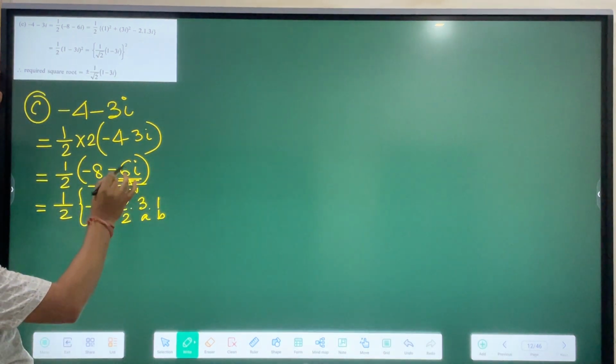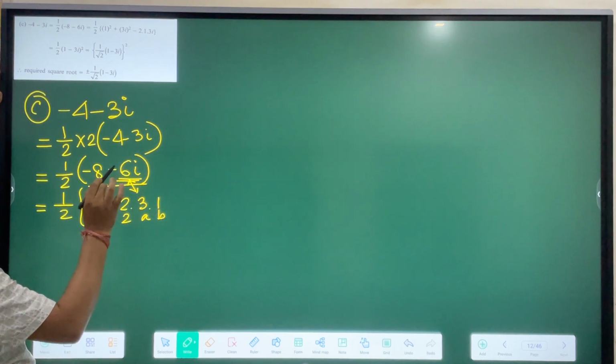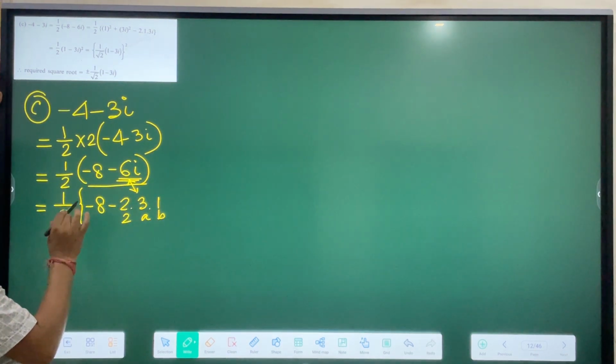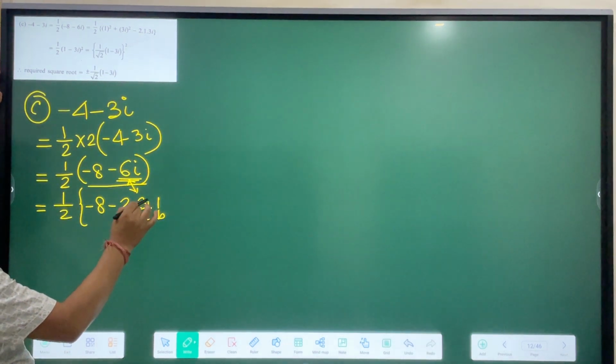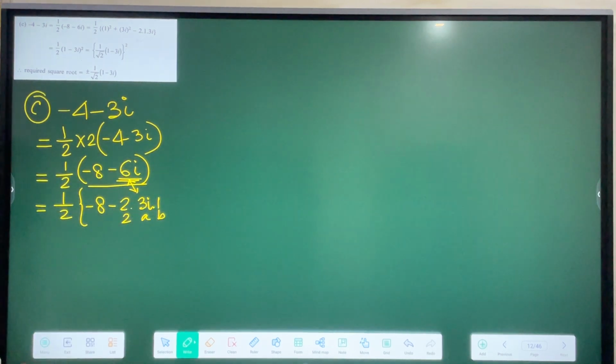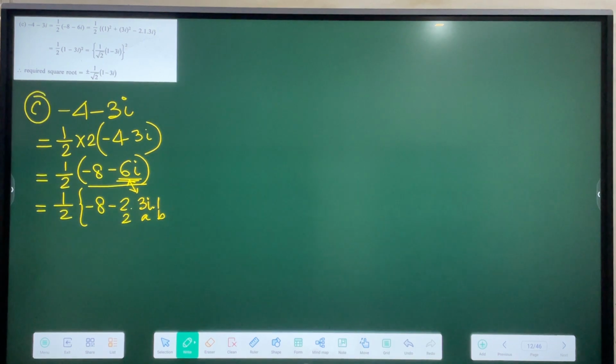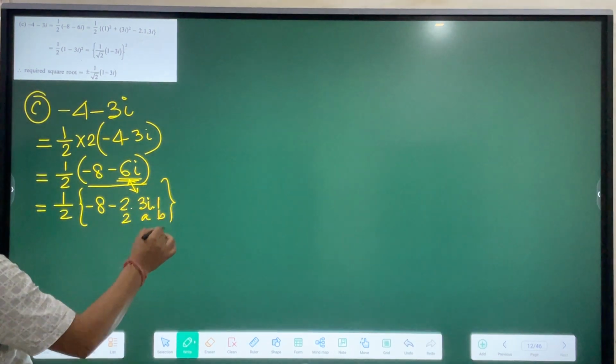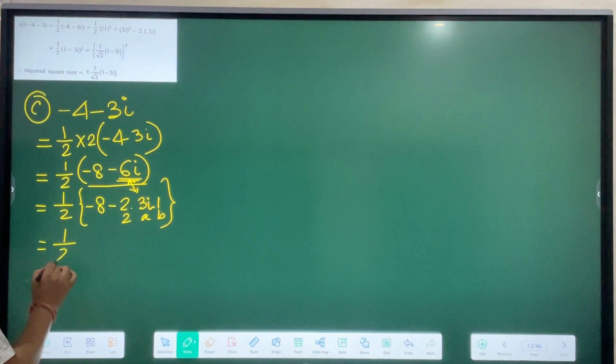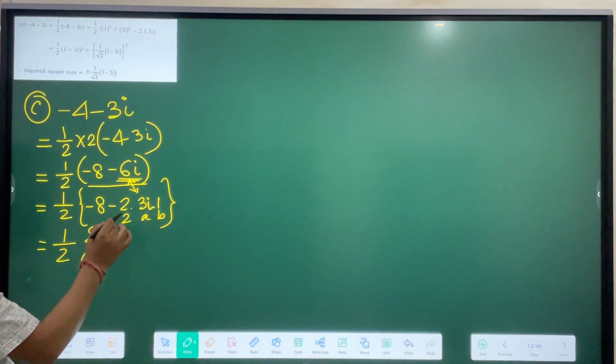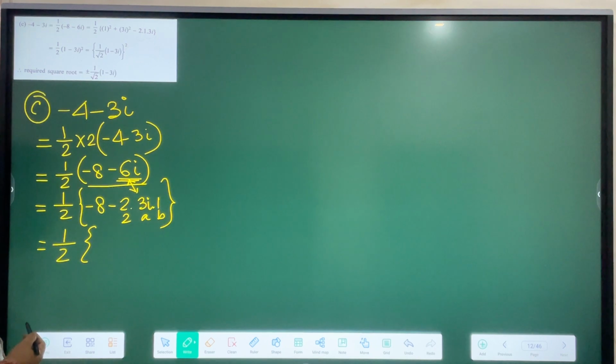Now the question is where we will put i, with 3 or with 1. Here there is a negative sign. So we will keep i with the bigger term. Remember that. If we keep i with the bigger term, then we will get negative. Otherwise it will be wrong. Okay. 1 by 2. Now twice ab is clear to us.